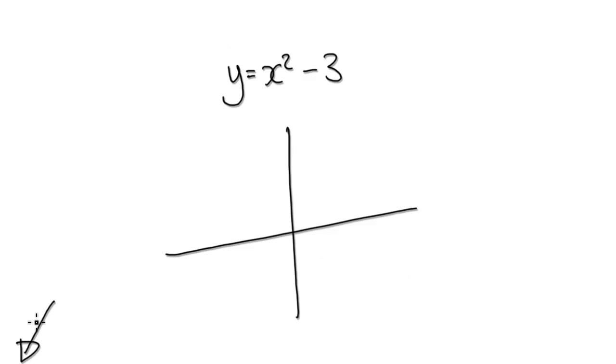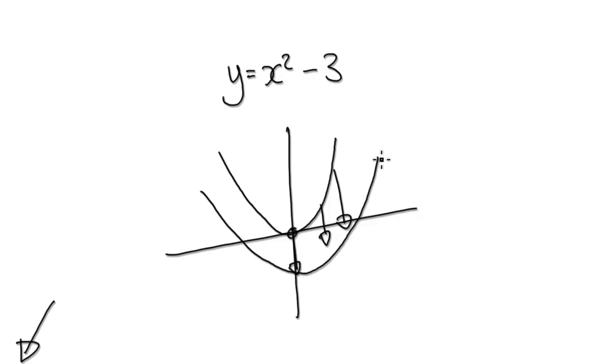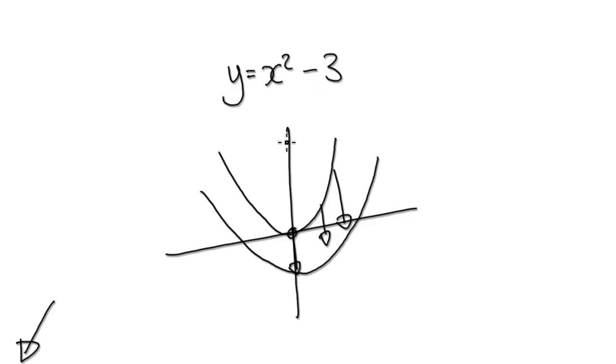Okay, so to do this, your eye should zoom into this bit here. Draw the y equals x squared, which looks something like this. And then here you drag everything down by 3. So everything here moves down by 3. So your overall graph will look something like this.